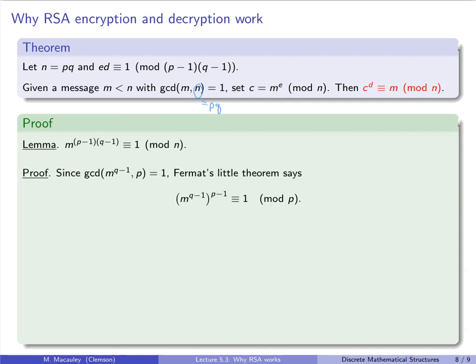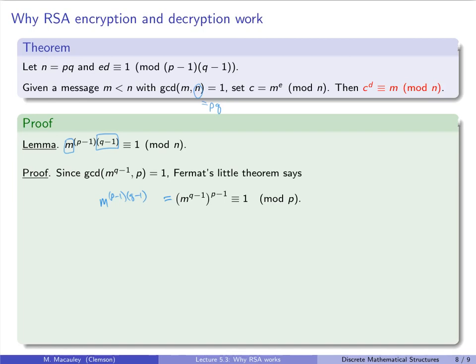So I will start out by taking m to the q minus 1 power, which is relatively prime to p, and applying Fermat's little theorem. So that tells us that m to the q minus 1, to the p minus 1, is equivalent to 1 mod p. Direct application of Fermat's little theorem to m to the q minus 1 and p. And of course, we're doing this because this is m to the (p minus 1)(q minus 1).